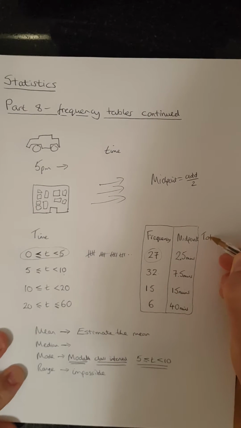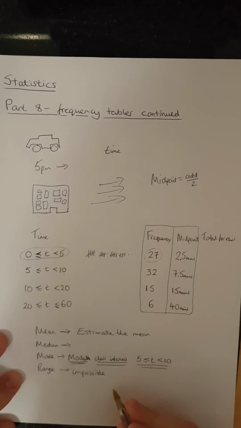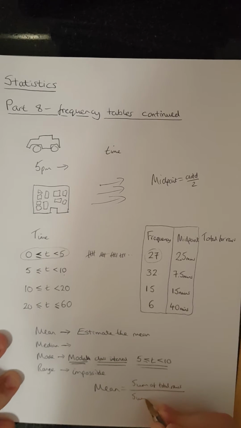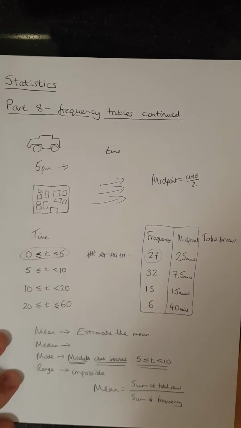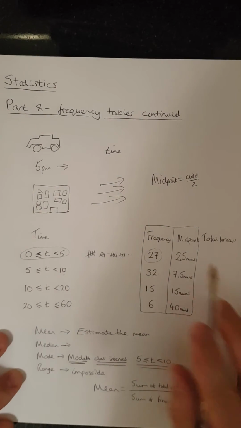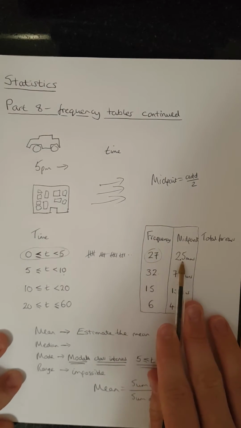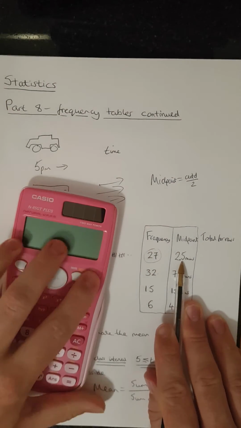So we're going to need to find the total for the rows, because remember, the mean is sum of the total for the rows divided by the sum of the frequency. So, for the top row, there are 27 values, each worth 2.5.